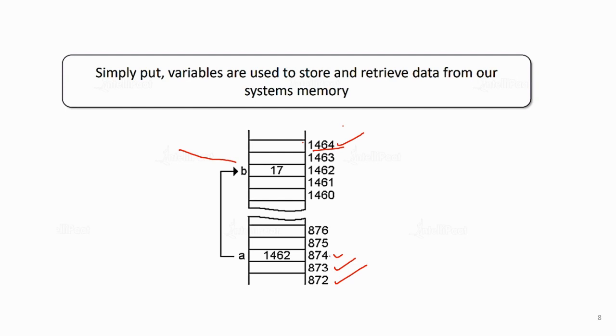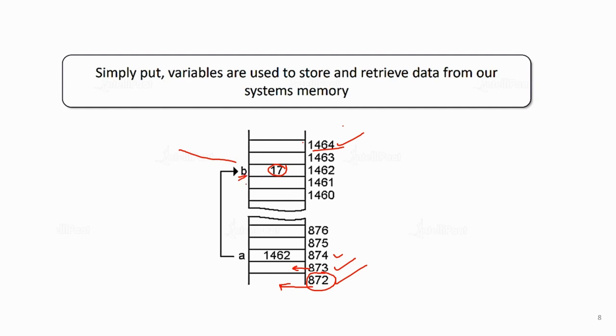So assume that 872 is one address which points to this particular memory location. Similarly, 873 is another address which points to this memory location. Assume that this is the value, this value 17 is to be assigned. Assume that we are naming this memory location using the variable b.